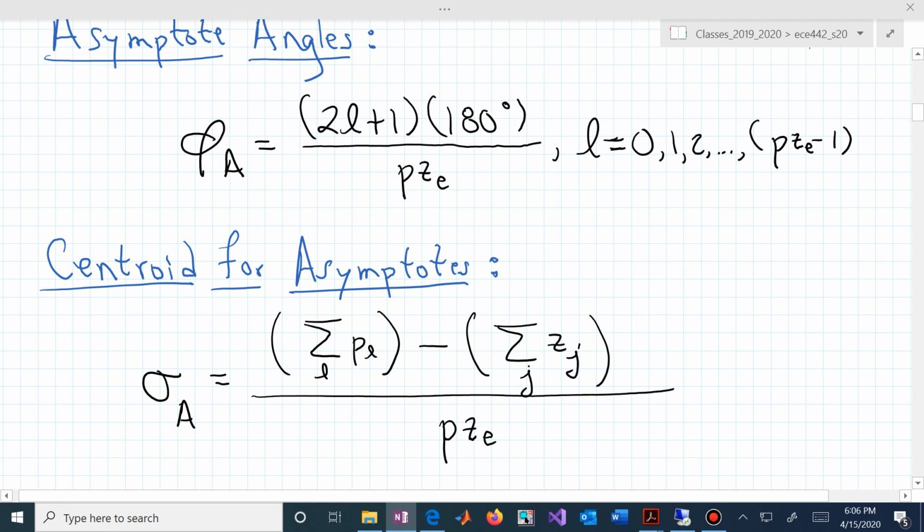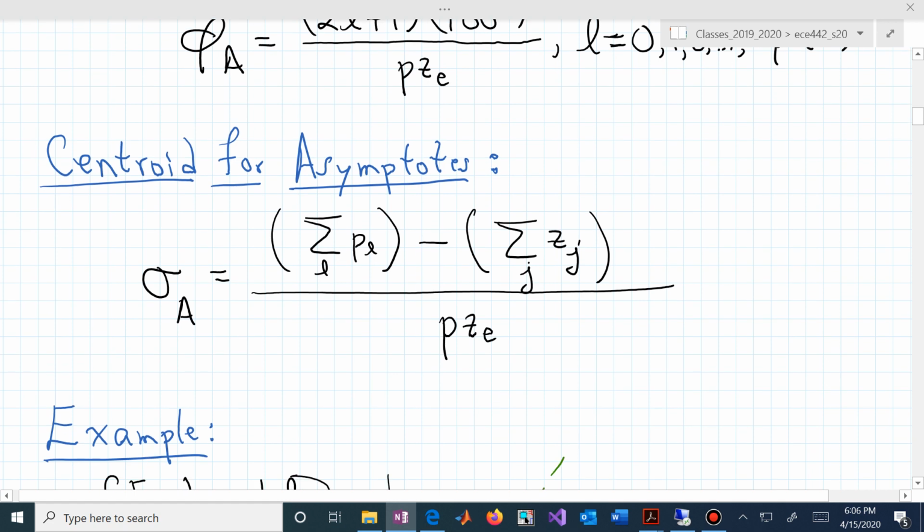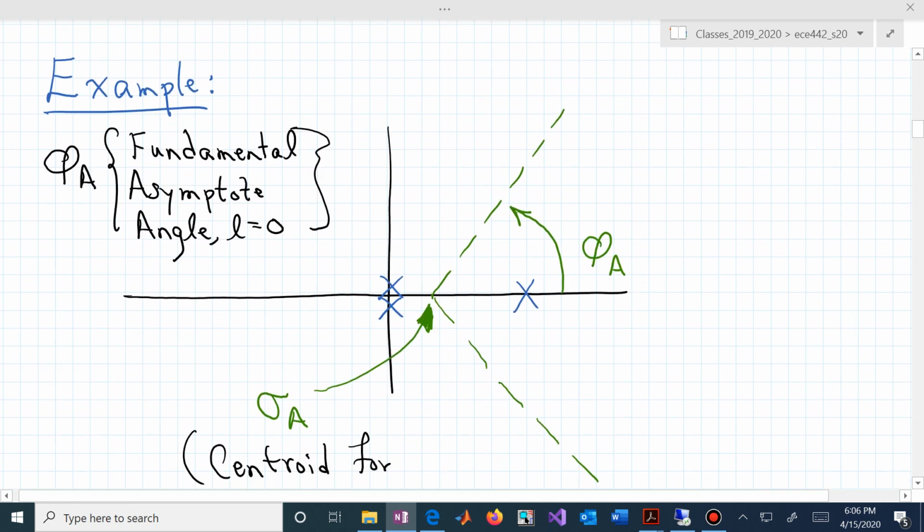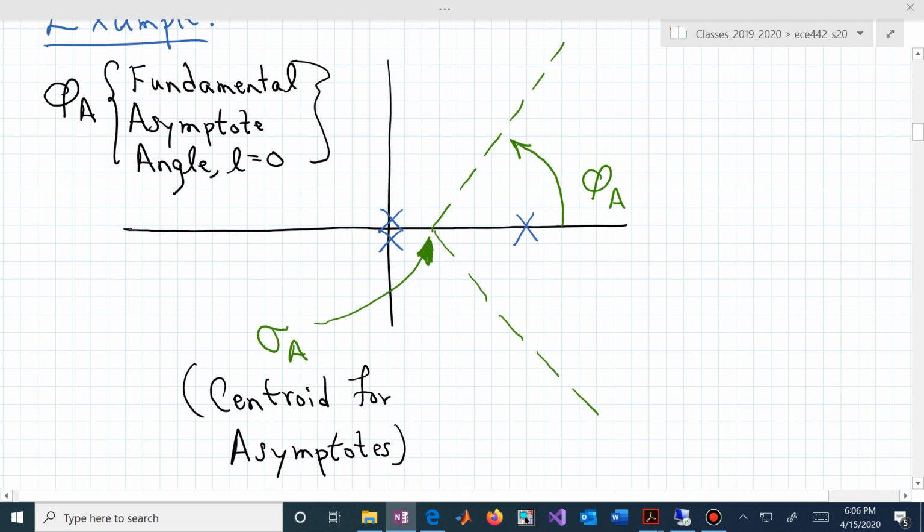In this case, we didn't have any zeros, so that second term in the numerator wouldn't even be present. Let's look at an example. Our fundamental asymptote angle, which I'm calling phi sub A, is going to be when L is equal to 0, and sigma sub A is the centroid for those asymptotes.